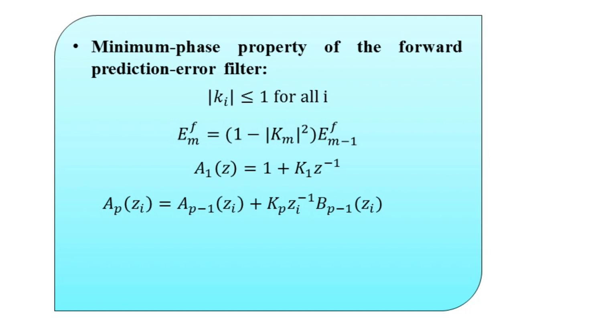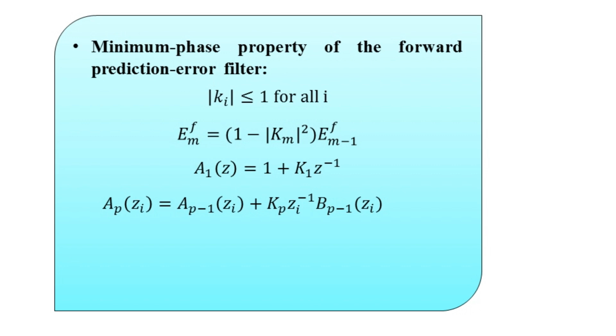Now suppose that this hypothesis is true for p minus 1, and z suffix i is a root of capital A suffix p of z. From the previous understanding, we have the expression A suffix p of z suffix i equal to A suffix p minus 1 of z suffix i added to the pth reflection coefficient K suffix p into z i to the power minus 1 multiplied by B suffix p minus 1 of z suffix i.